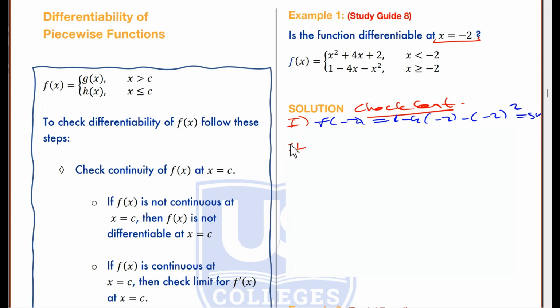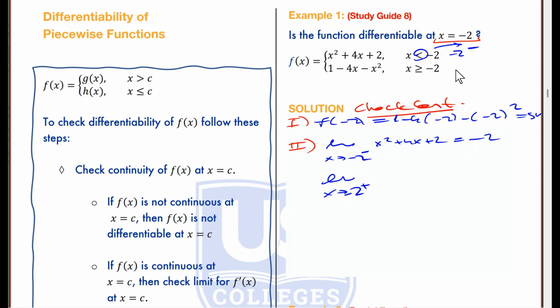Second condition, check the limit. Limit as x approaches -2 from the left. The less than condition gives me the left-sided limit, whose function is x squared plus 4x plus 2. When you substitute -2 for x, -2 squared is 4, 4 minus 8 is -4, plus 2 is -2. What about the right-sided limit?